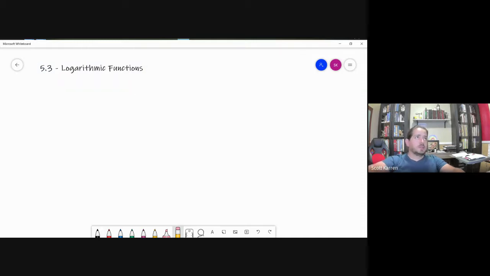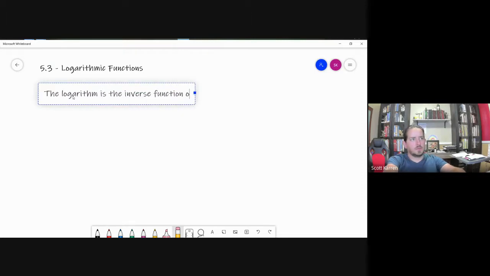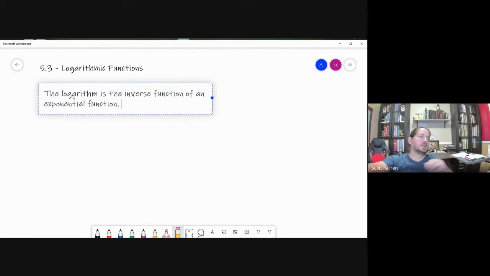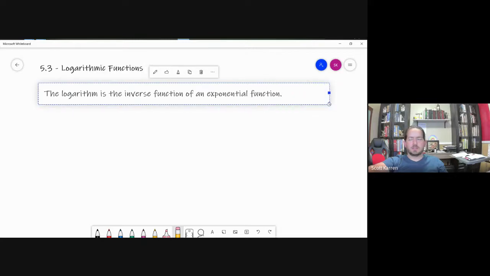So the logarithmic function is the inverse of an exponential. I think it was an Italian guy that was dealing with exponentials, and he was like, this is really hard to do math in exponentials.